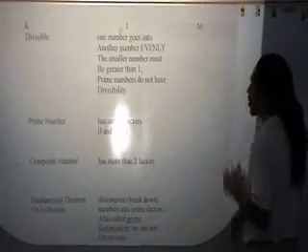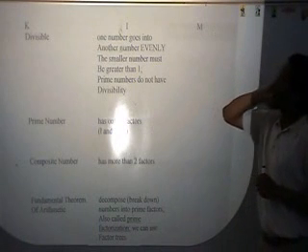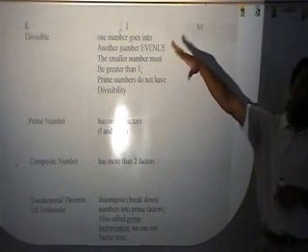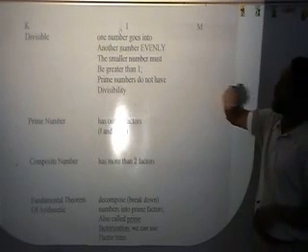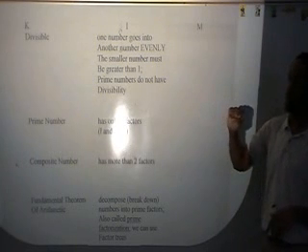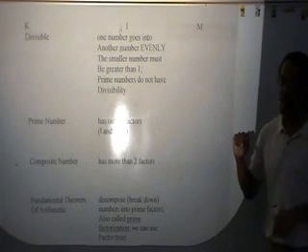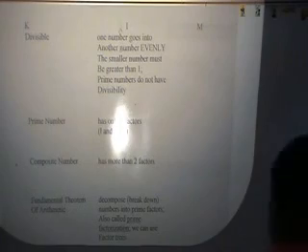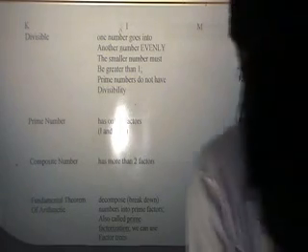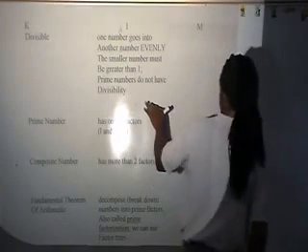Now, let's start with the first one. The first key term is divisible. And if we read what the important information says, divisible means one number goes into another number evenly. Okay? One number goes into another number evenly, and that number must be greater than 1. Okay? Remember when we talked about, let's go down in it.